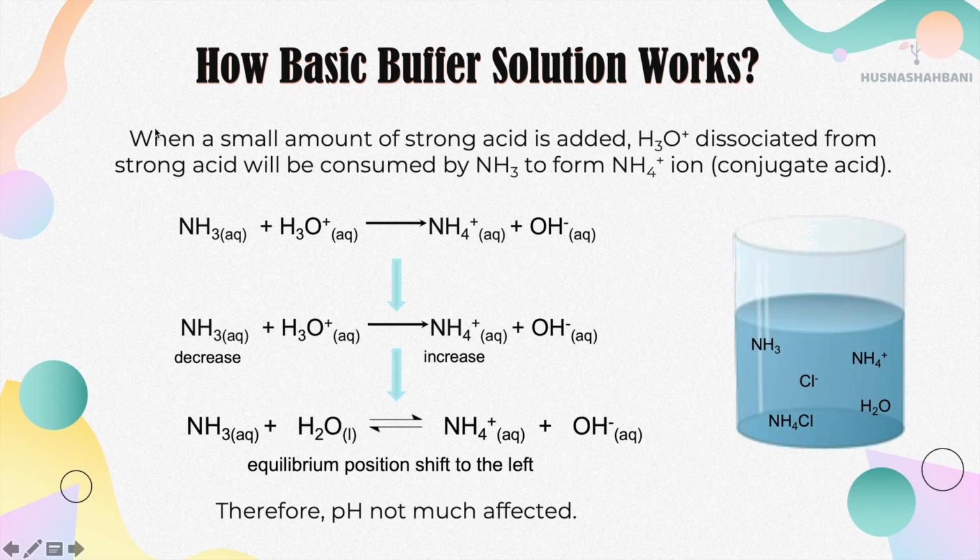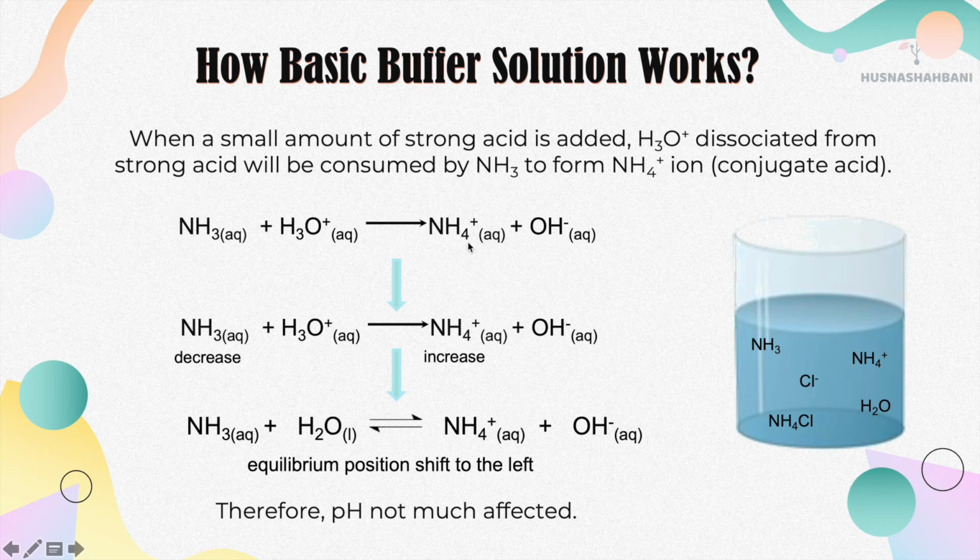How it works: when a small amount of strong acid is added into this basic buffer solution, the H3O plus from the strong acid will be consumed by NH3, because NH3 is a base and H3O plus is acidic. So a neutralization reaction happens. This NH3 reacts with H3O plus from the strong acid to become NH4 plus and water.